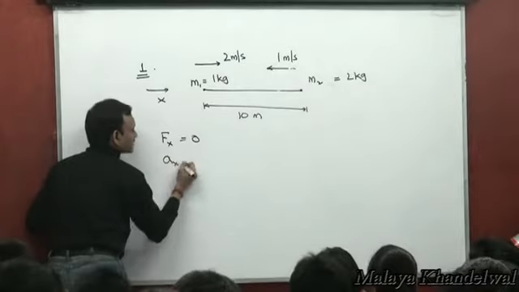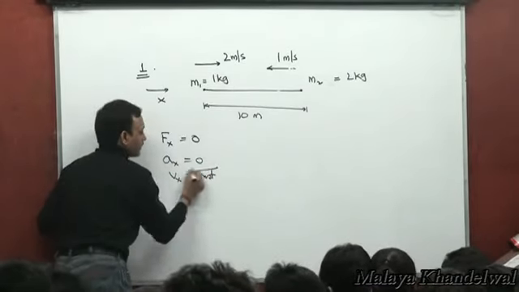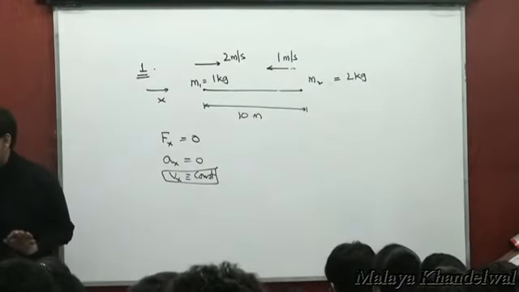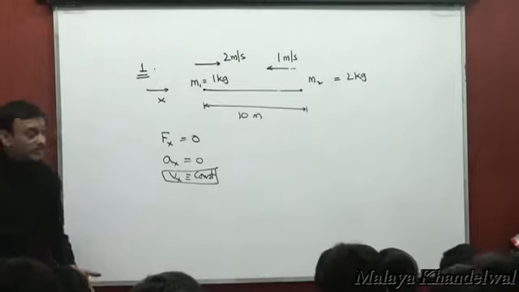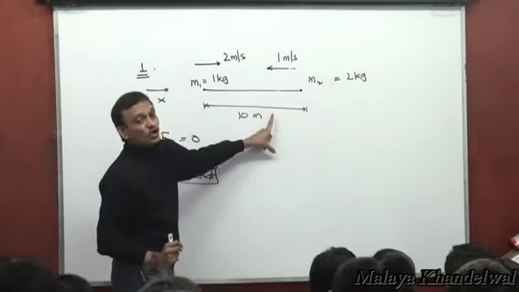So acceleration Ax is 0, which means Vx is constant. The velocity in the x direction of the center of mass must be a constant if there is no acceleration in the x direction. So whatever I compute as the velocity of the center of mass at this instant will remain the velocity of the center of mass at all instants, right?